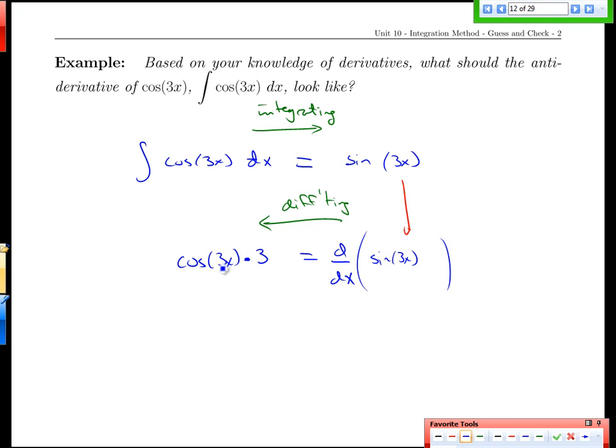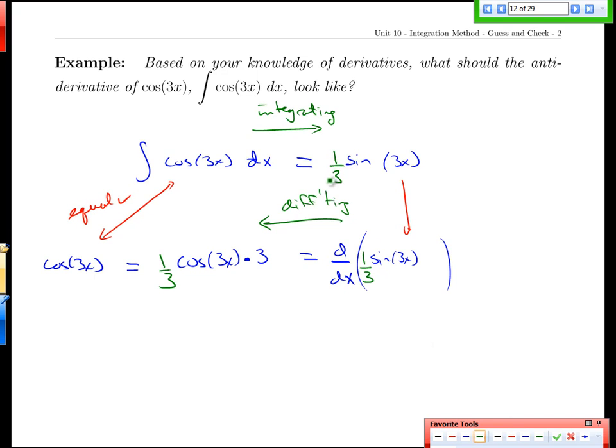It's 3 times cos of 3x. Fortunately, little issues like that can be fixed pretty easily. We just say, what if I had a third in there? Then we would get back to our cos of 3x, exactly what we started with. These are equal now, and so we have the correct antiderivative.